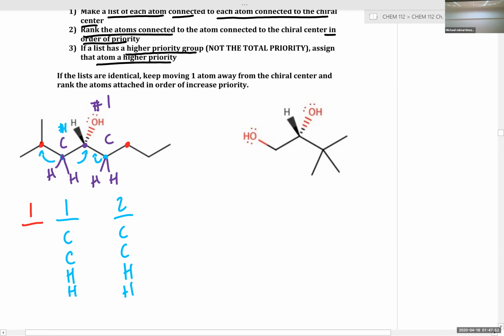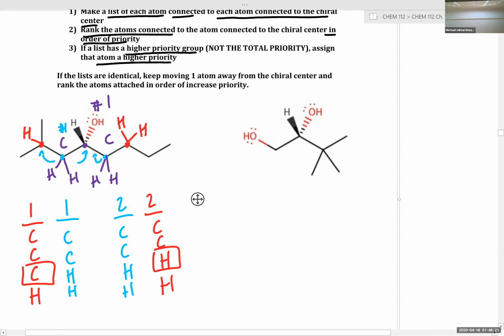Attached to this secondary carbon, we have a carbon, a carbon, a carbon, and a hydrogen. Attached to carbon 2, we have a carbon, a hydrogen, and a hydrogen. Does carbon have a higher atomic mass than hydrogen?